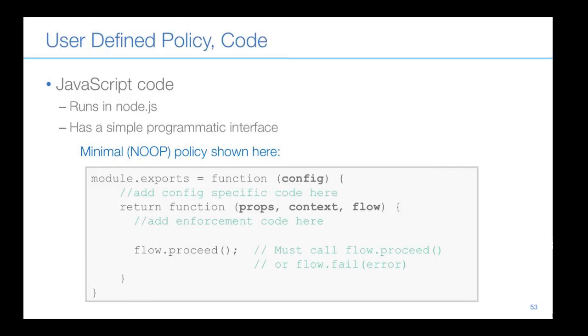And the actual implementation, the runtime enforcement, is handled by this return function, and you've got props, context, flow. You saw this earlier today, where you have the props. The props is a JSON object that contains the configuration that was set for this policy in the assembly.